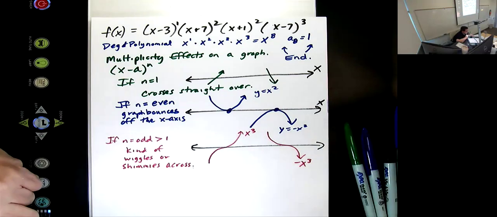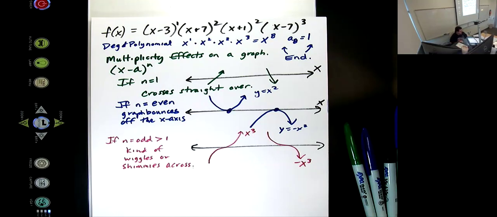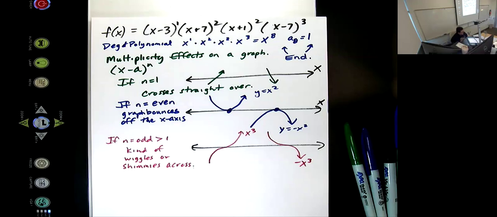It's not straight, doesn't bounce off, but it still crosses. It's kind of like a little sway, dancing across the line. Whatever word you want to use to describe where it doesn't go straight. You'll have better words for it when you get to calculus. It's called a concavity change, but I don't want to go into concavity here.